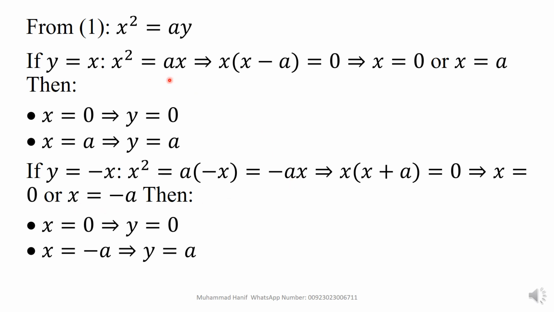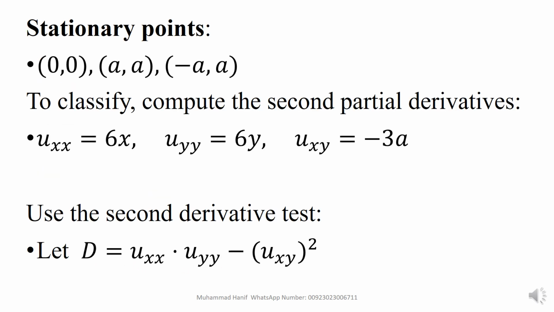Same process we followed in this step, then we simplify. Now x equal to 0 implies that y equal to 0. x equal to minus a implies that y equal to a. Stationary points: 0 comma 0, a comma a, minus a comma a.